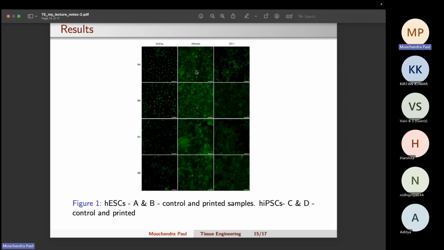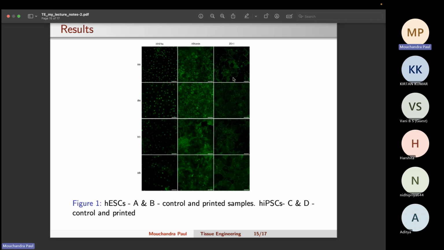You can see the dots. All panels are green because the conjugated fluorescent dye gives emission at around the green wavelength, that is 488 nanometers. That is why you can see a green kind of signal coming up in the image.